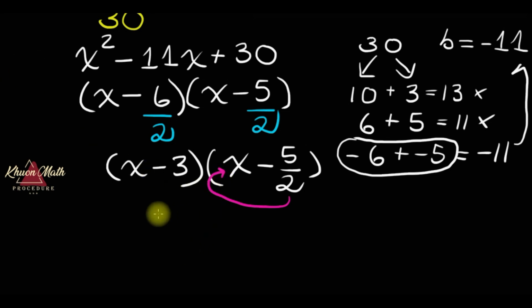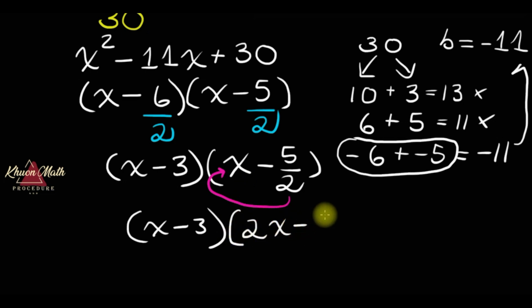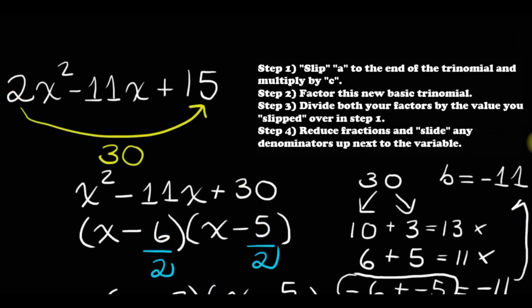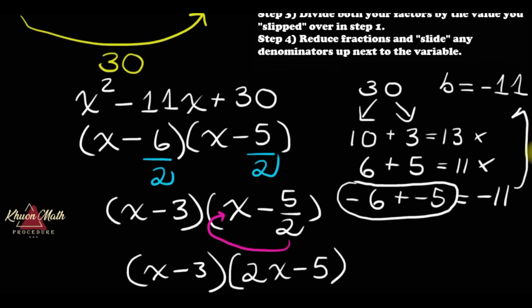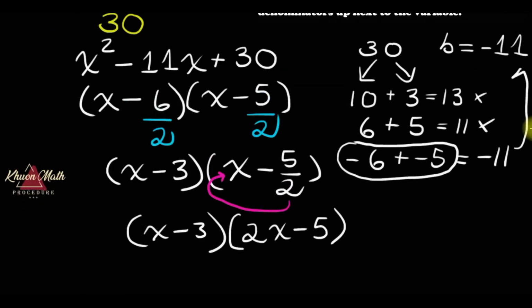So your factor would be x minus 3, and this one stays the same, 2x take away 5. So when you factor 2x squared minus 11x plus 15 using the slip and slide method, you get x minus 3 times 2x take away 5.